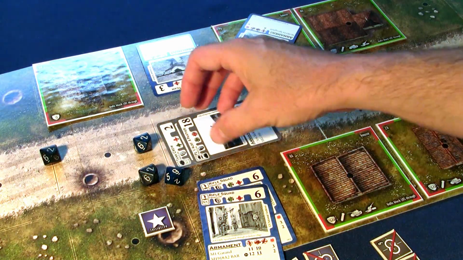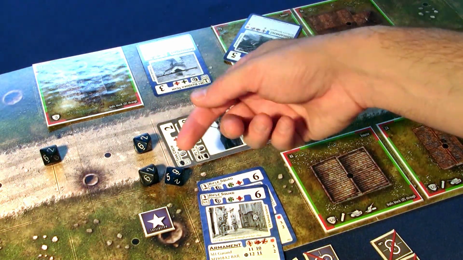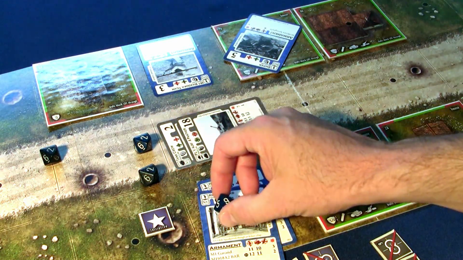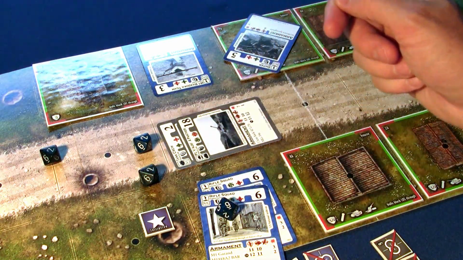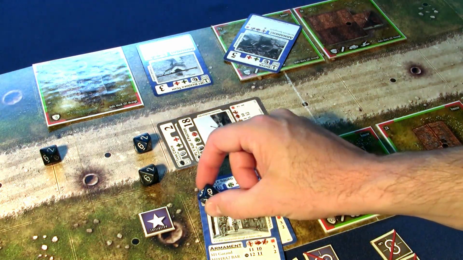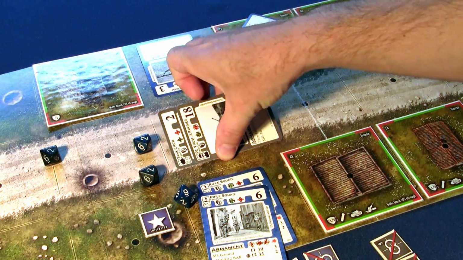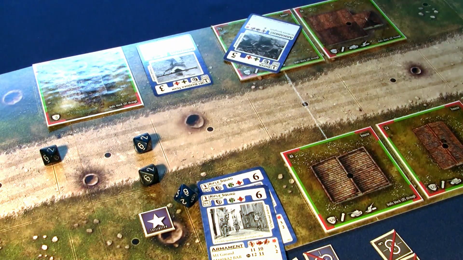So let's say that we destroyed this unit. What happens to the crew? Well, how do you determine crew survival when you have 3 different rolls? In this case of a close assault, you're going to use the highest roll of the group to determine crew survival of the assaulted unit. So in this case, a 9 would mean that that tank crew is also destroyed, and both would be removed from the map.